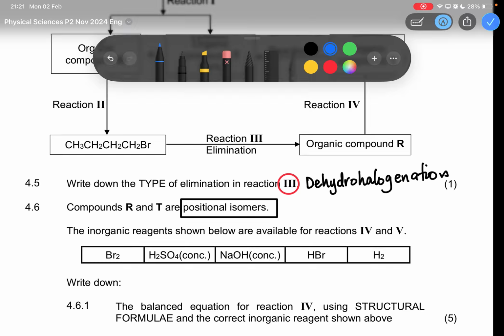And this is quite long, but you must know that a positional isomer has the same molecular formula. What is different? Someone please give us the input. What is different?